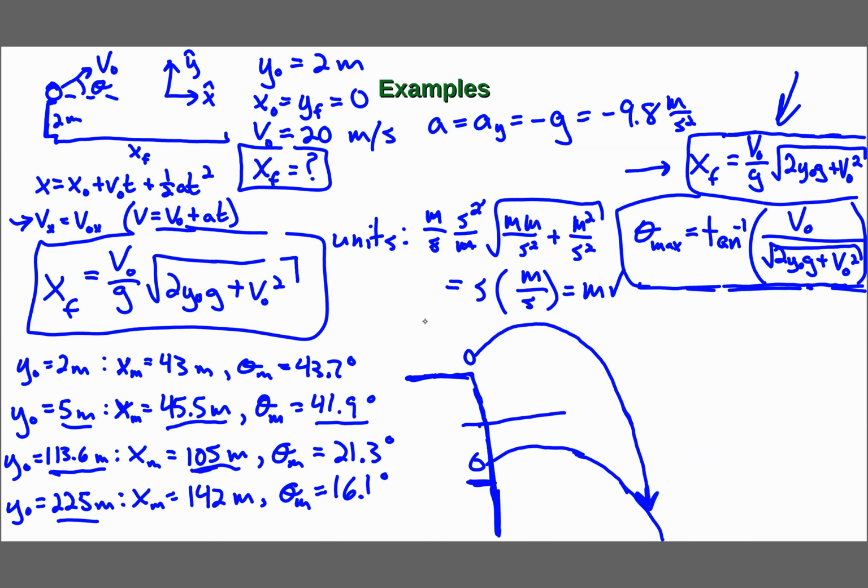So that might be this much of it. So the takeaway from this is that I can throw things further by going up higher, but especially when I'm throwing them at kind of a low speed like this, I get really big diminishing returns in how much extra distance I get compared to how much extra height I go up.